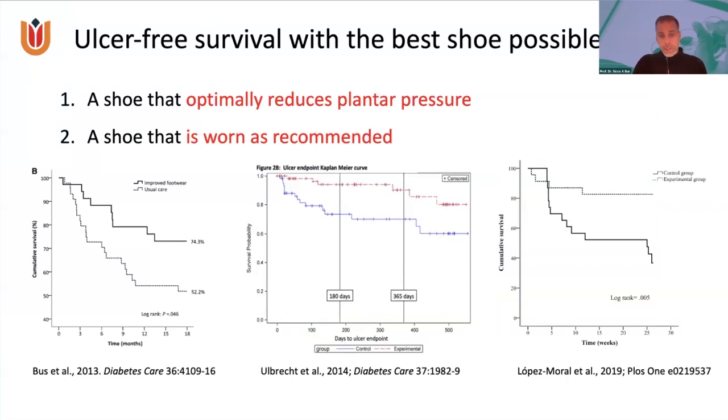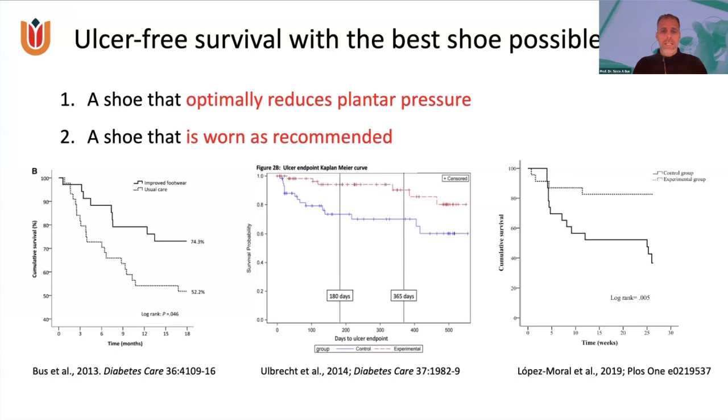Studying this in randomized clinical trials, we have a Dutch study that was done a little bit more than 10 years ago, also a US multi-center trial done about 10 years ago, and we have the Spanish trial where Jose Luis was involved in, that was more recent, where each of these trials show that when you have a shoe that effectively reduces the pressure, and you have indications that these shoes are worn as recommended, it significantly reduces the risk of developing a foot ulcer recurrence in high-risk patients with diabetes and neuropathy and foot deformity present.